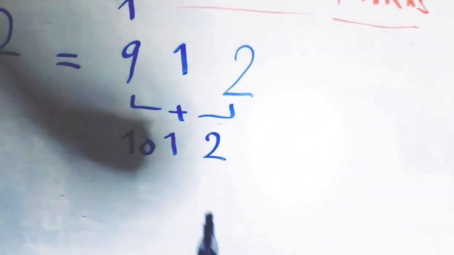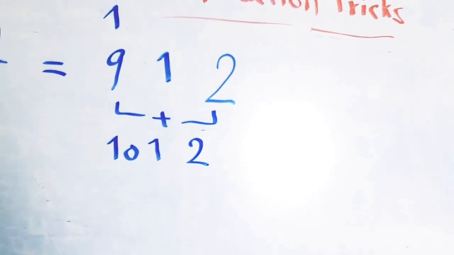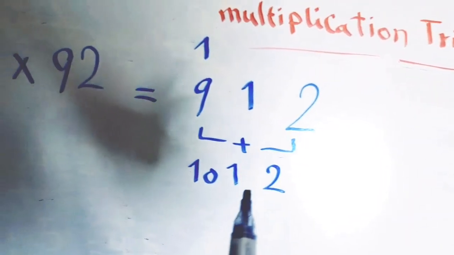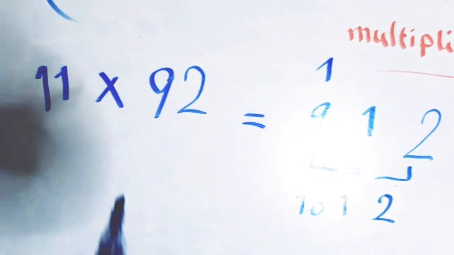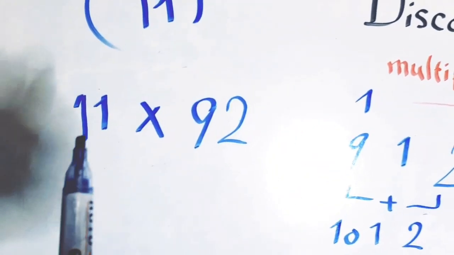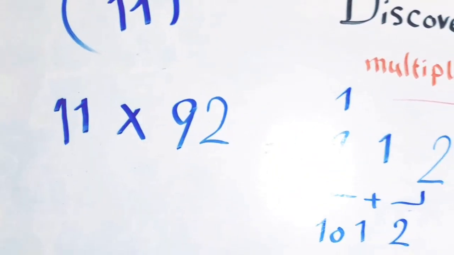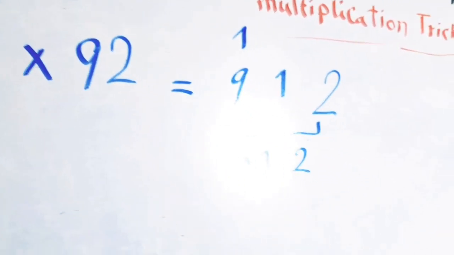So 1012 is the multiplication product of multiplying 11 by 92.